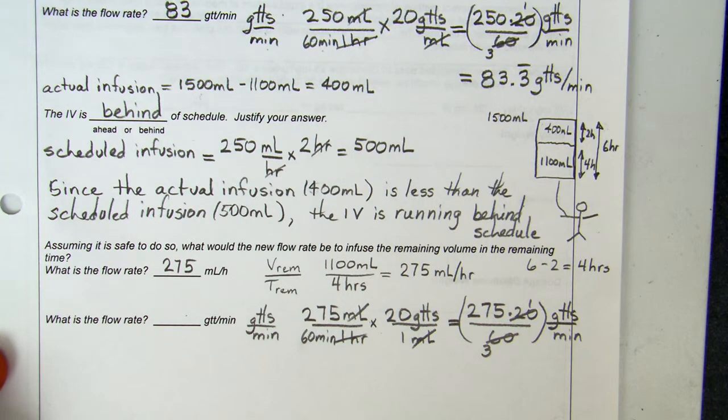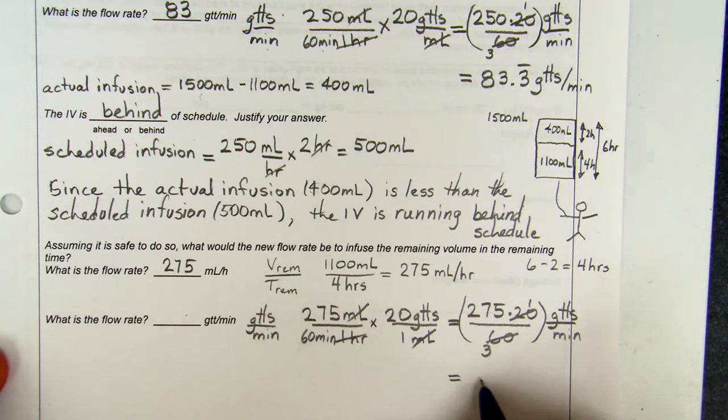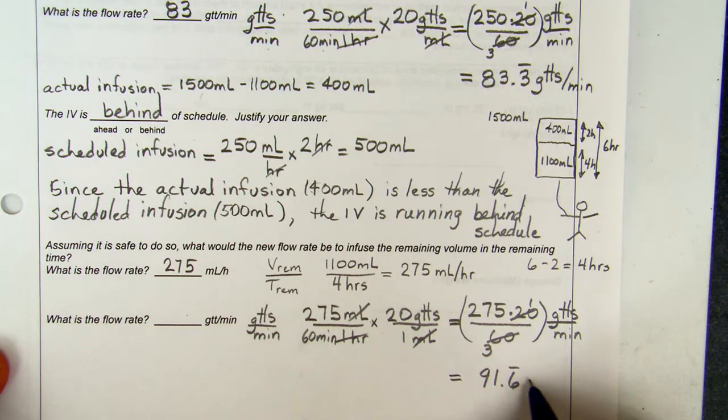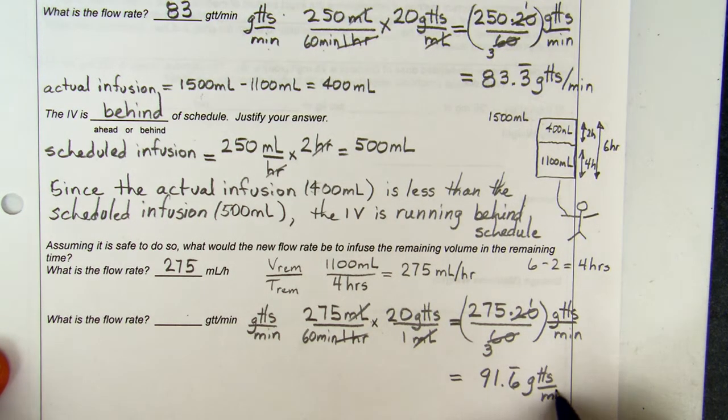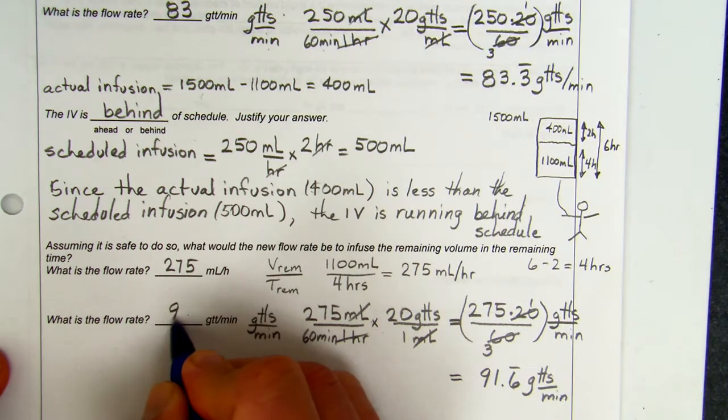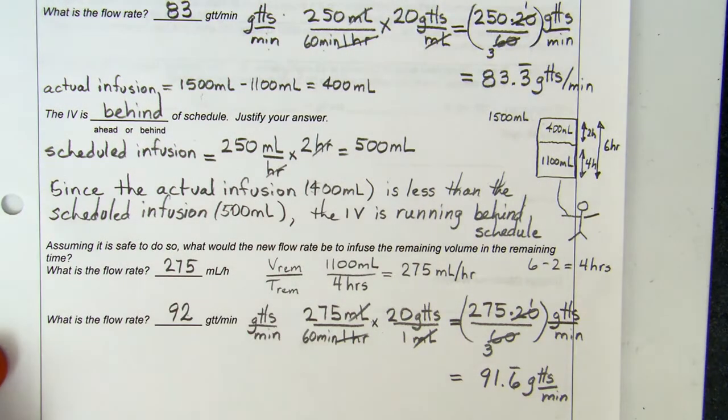So I will use the calculator to help me see. When we calculate it, it comes out to be 91.6, and since it repeats, I'll just put the bar over the top, drops per minute. We'll round and say 92 drops per minute.